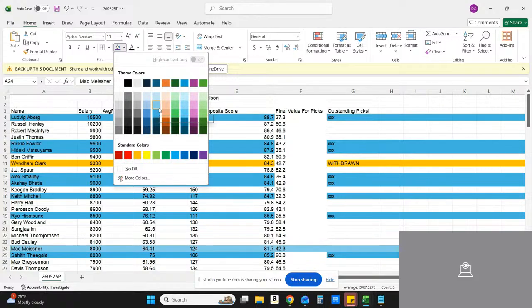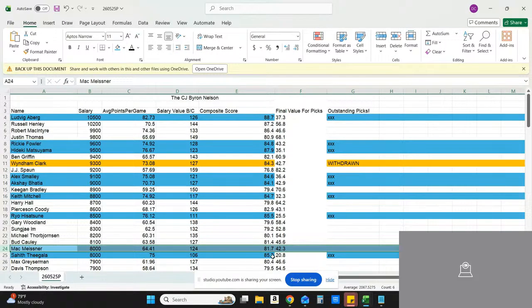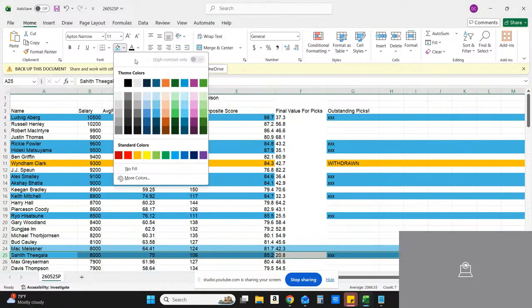We don't want to miss anyone, but comparing a Thigpen to a Messner, you have a 20 versus a 42. In this case, we selected this one in particular. Sometimes we'll even put it in a different color, perhaps a green, to make it stand out.